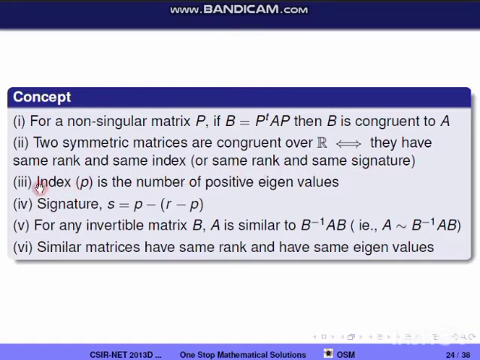Index means the number of positive eigenvalues, and signature is found using the formula S is equal to P minus R minus P, where P is the index of the matrix and R is the rank of the matrix. For any invertible matrix B, A is similar to B inverse AB. Similar matrices have same rank and same eigenvalues. So now we'll move on to the question.